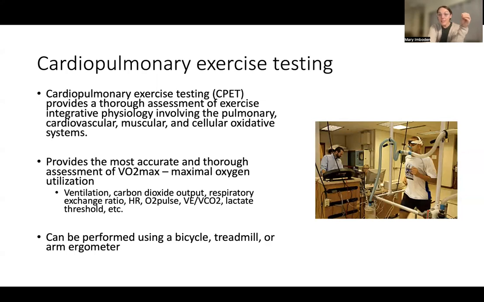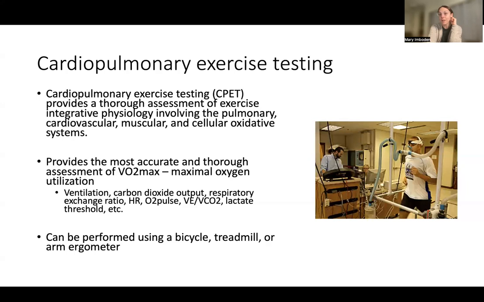And because it's measuring gas exchange, it provides the most accurate and thorough assessment of VO2 max, so maximal oxygen utilization, but also assesses ventilation, carbon dioxide output, respiratory exchange ratio, which is a measure of, are we actually at maximal effort? Heart rate, oxygen pulse, our ventilatory efficiency, our anaerobic threshold, or our lactate threshold, as well as many others.